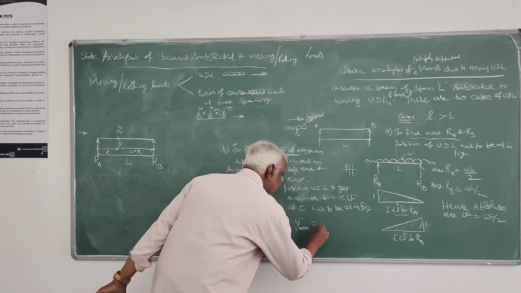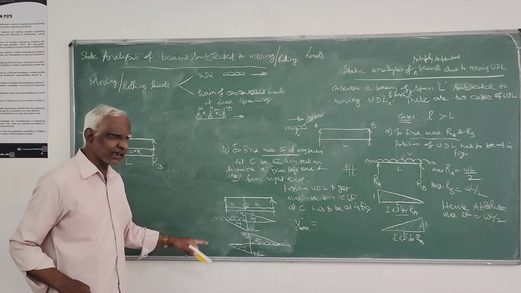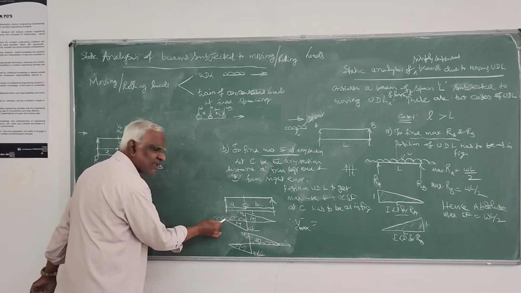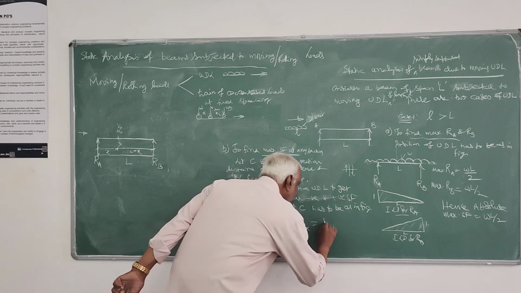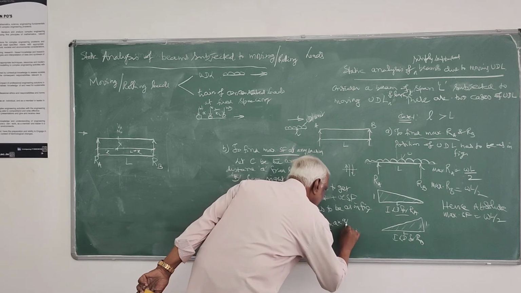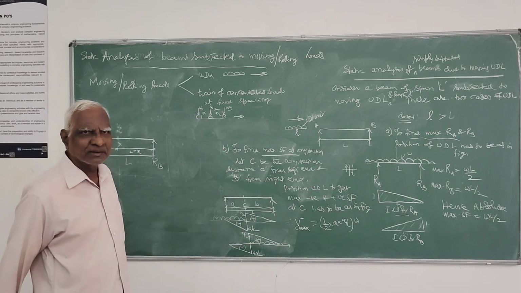Therefore, VC maximum negative will be, for this position, the area of this triangle. Here this is A by L, this is A. So half into A into A by L into W. That's all.